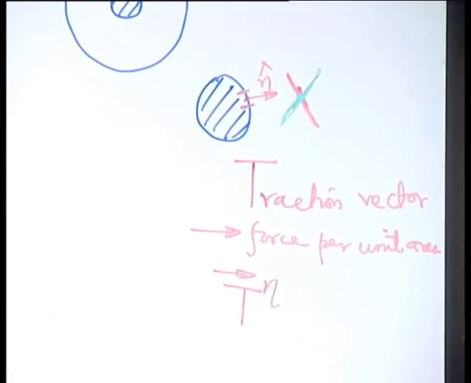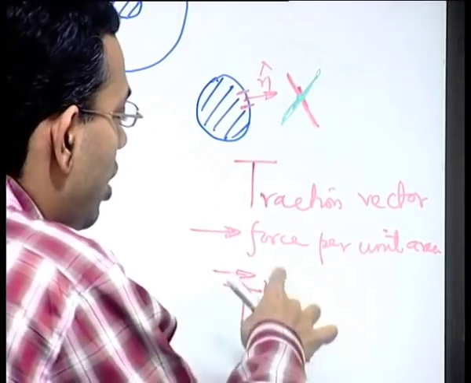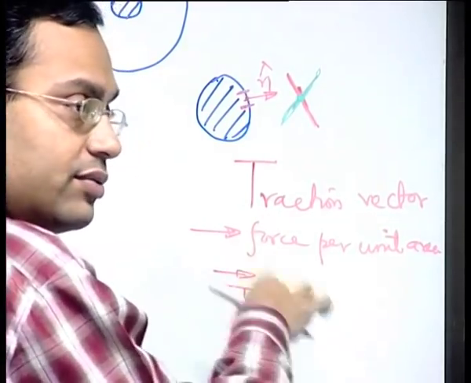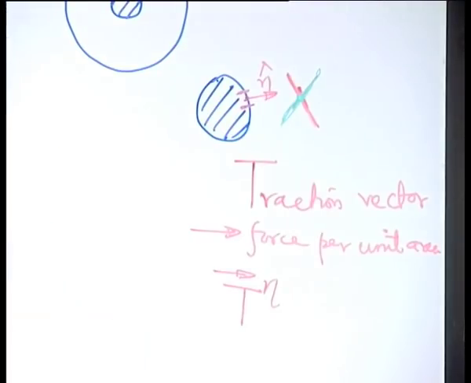Now, to proceed further, we will consider the components of this one. This is a vector, it has its own components, its x component, y component, z component.